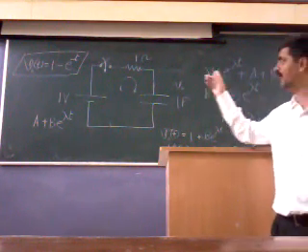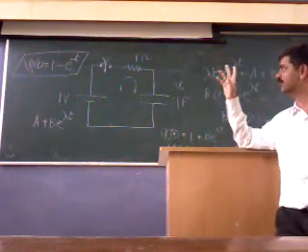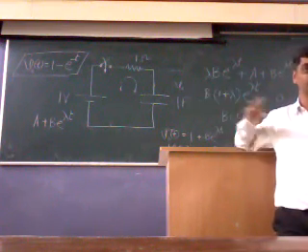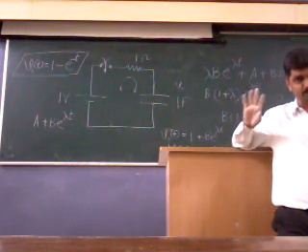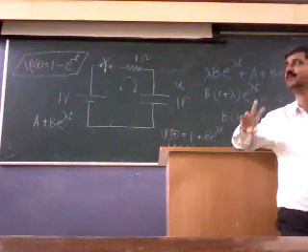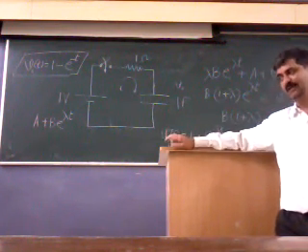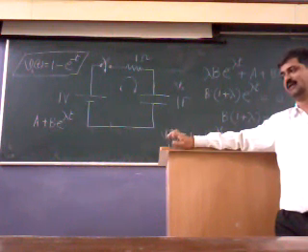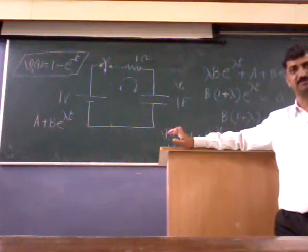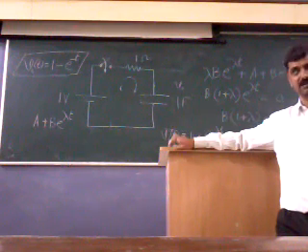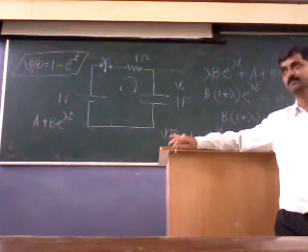So by this way you can solve any problem. You can put an inductor, you can put a capacitor. You can't put both. If you put both, we may get the answer, but lambda becomes complex or imaginary. That also we can go through.